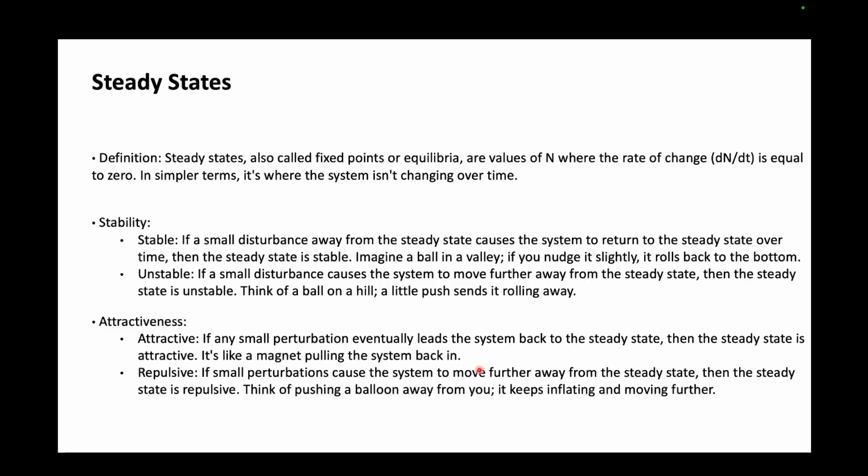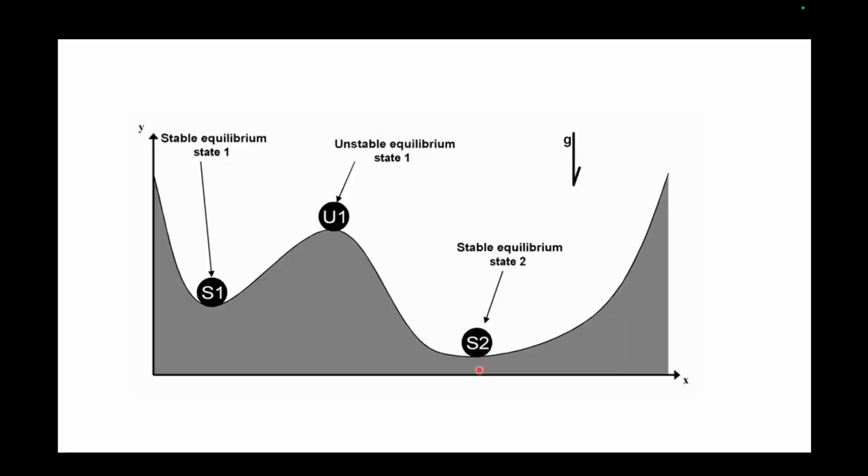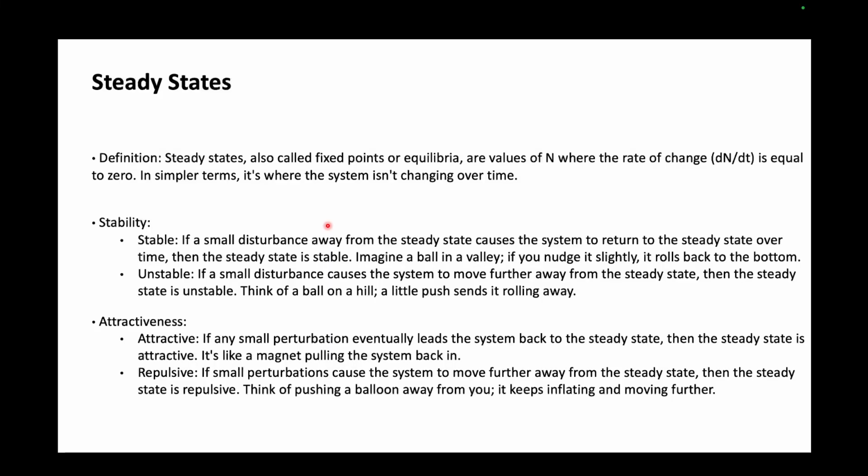If the position of the steady state attracts the component of the state back to itself, for example in this steady state, if you move it to the right, S1 will come back to its original position, then this position is what is known as an attractive steady state. And for unstable steady states, if you push the ball a little bit, it will flow over and it will not come back naturally to its original position. So it's what is called a repulsive steady state.